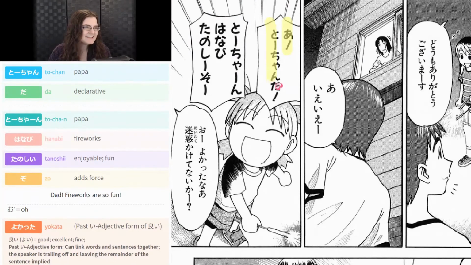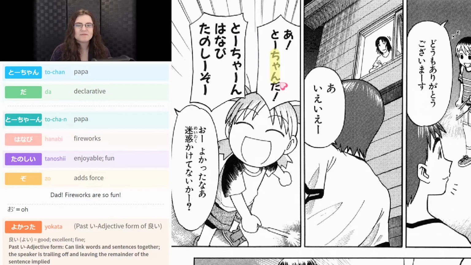No. Ah, To-chan da! To-chan, hanabi, tanoshizo! So, To-chan is him. You would usually have it maybe more as otou-san. And this is just a corruption of that. There's no o here. O is an honorific and adds politeness. And then instead of san, otou-san, that's swapped out with chan, which is a more familiar suffix.